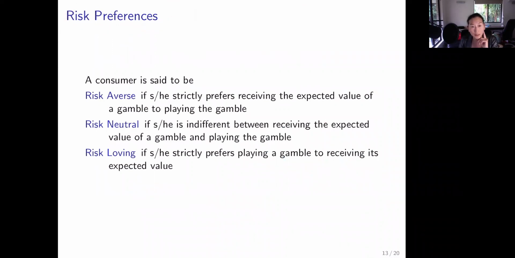A consumer is said to be risk averse, risk neutral, or risk loving. Risk averse, if she strictly prefers receiving the expected value of a gamble to playing the gamble. Risk neutral, if indifferent between receiving the expected value of the gamble or playing the gamble. Risk loving, if she strictly prefers playing a gamble to receiving its expected value.